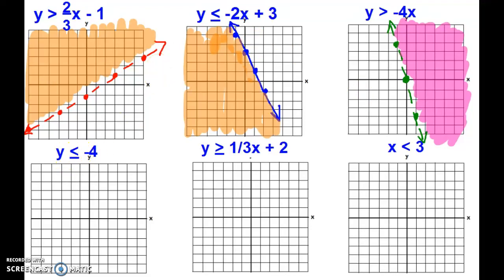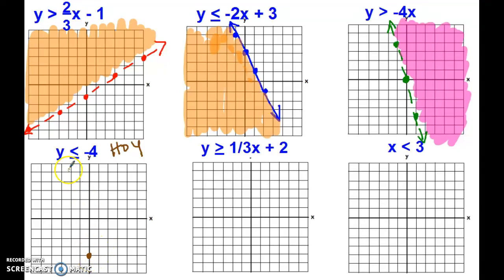Y is less than or equal to -4. The y-intercept of this line is -4, and the slope is 0. This is a HOY, a horizontal line with a slope of 0 that crosses the y-axis. So I start at -4, 1, 2, 3, 4 down here.